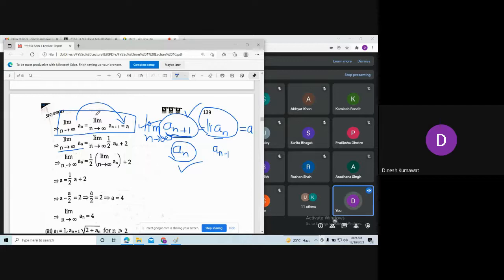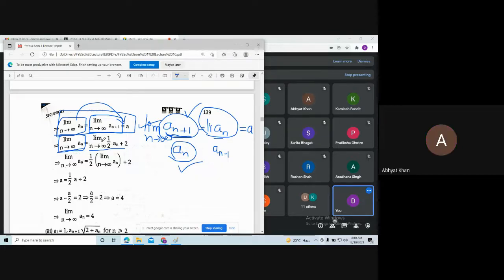They have just replaced this limit An plus 1 using this limit An, and this is as it is. We are just applying the limit on both sides. Is that clear?